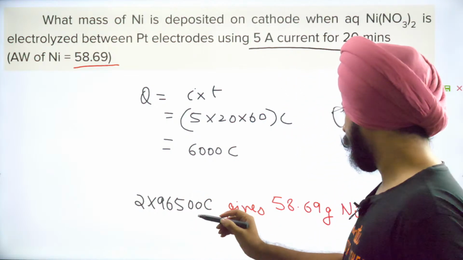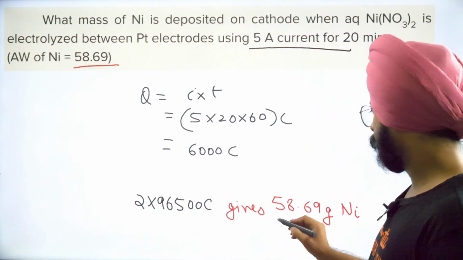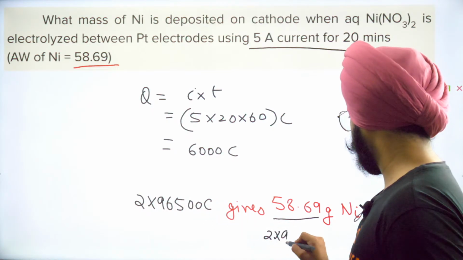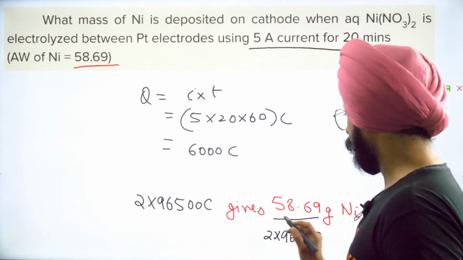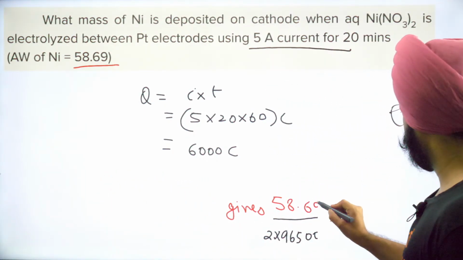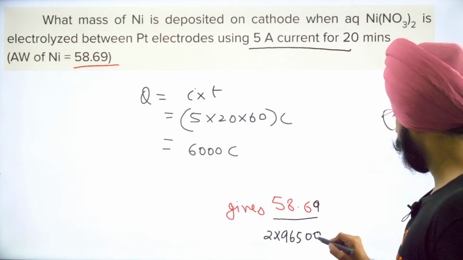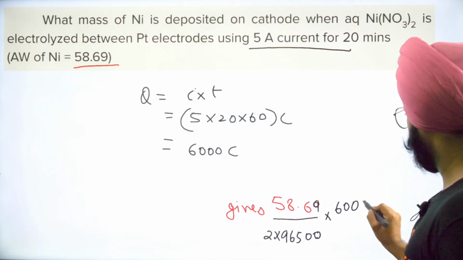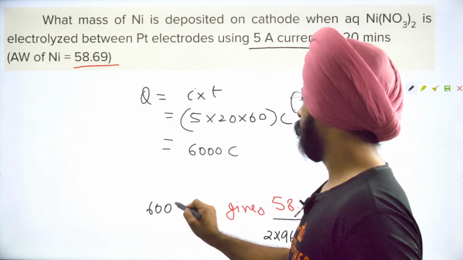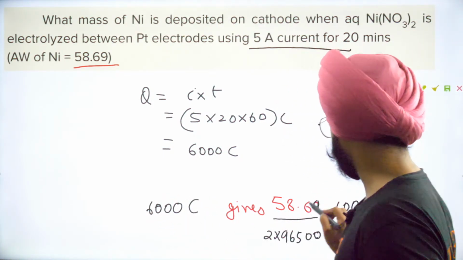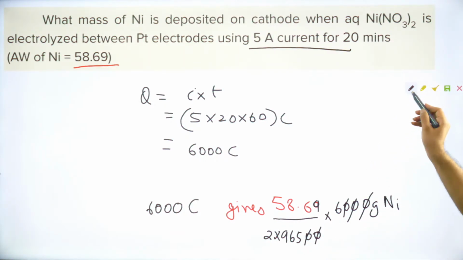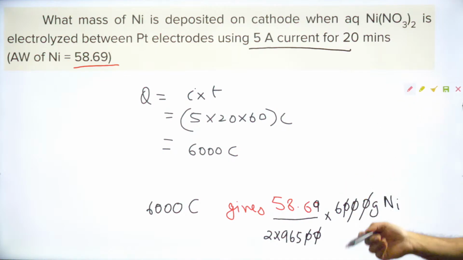I'll divide this entire thing on both sides, so here 2 into 96500 will come, and let's multiply both sides with 6000. So your 6000 coulombs is giving you this. है ना जी? तो भाई अब this is just about calculation.